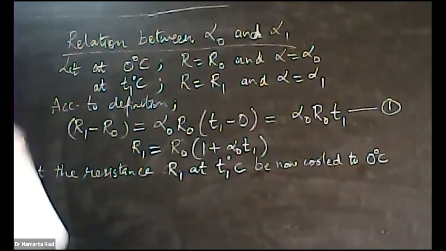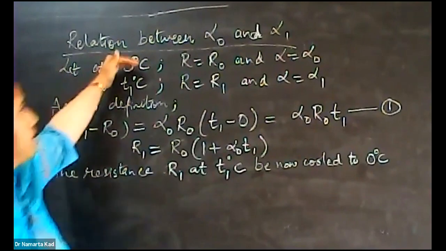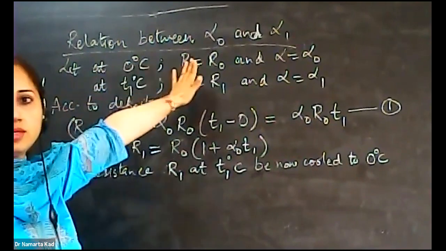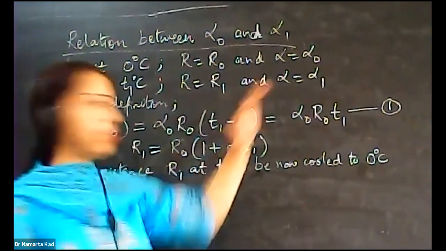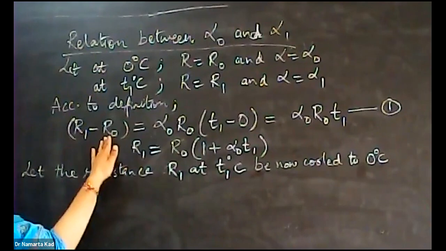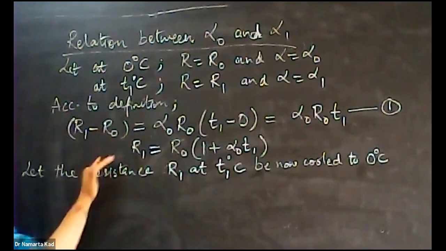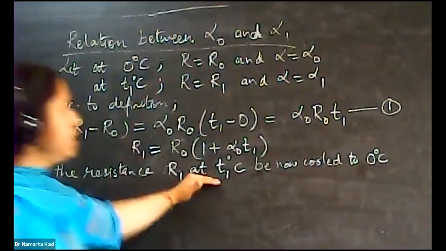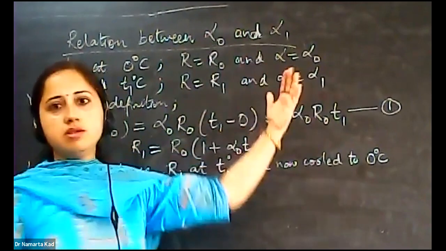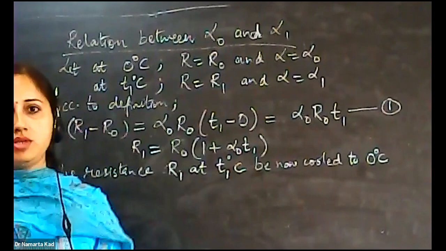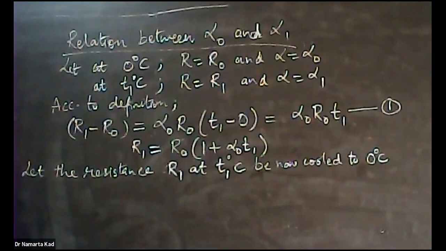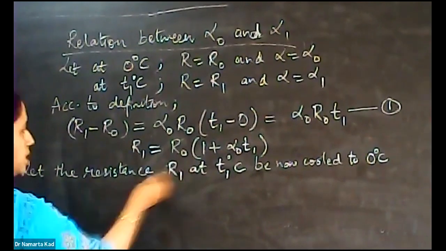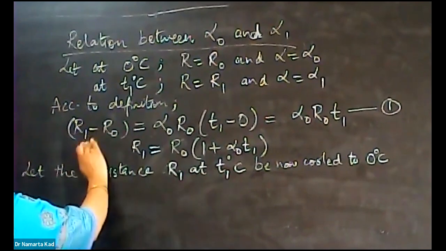ठीक है, देखो पहले स्टेप में हमने क्या किया था, हमारा जो ओरिजिनल टेम्परेचर था, that is 0 डिग्री सी, फिर हम उसको T1 डिग्री सी पे लेके आए और चेंज इन रेजिस्टेंस हमारा क्या हो गया, that is R1 minus R0 हो गया. ठीक है, अभी हम नेक्स्ट स्टेप में क्या कर रहे हैं कि T1 डिग्री सी से हम वापस 0 डिग्री सी पे जा रहे हैं. ठीक है, तो now what is the change in resistance as per our definition? पहले लिखा हमने R1 minus R0.